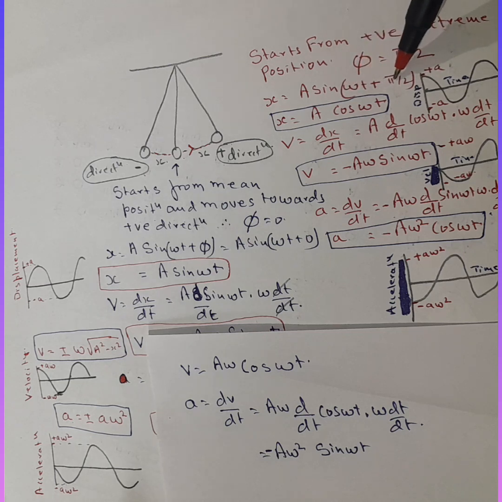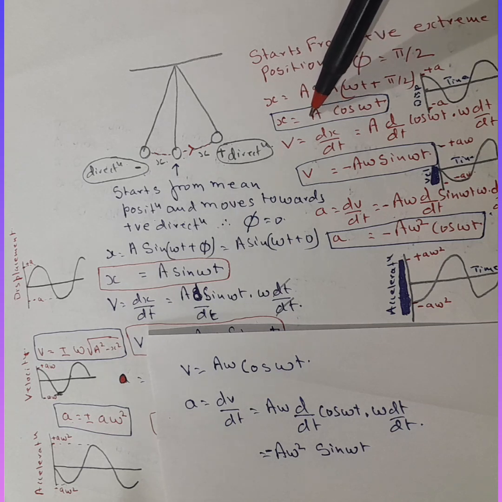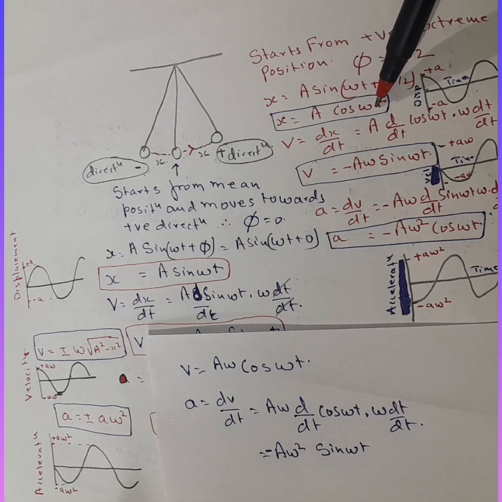Since pi by 2 is an odd multiple, sine gets converted to cos, and theta remains as it is. The sign would be followed by this: pi by 2 plus theta comes in the second quadrant, and in the second quadrant sine is positive. So it is a cos omega t.